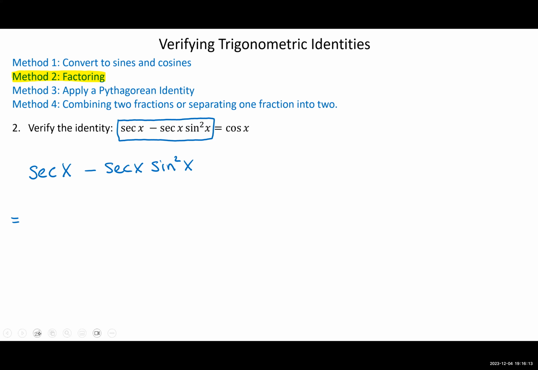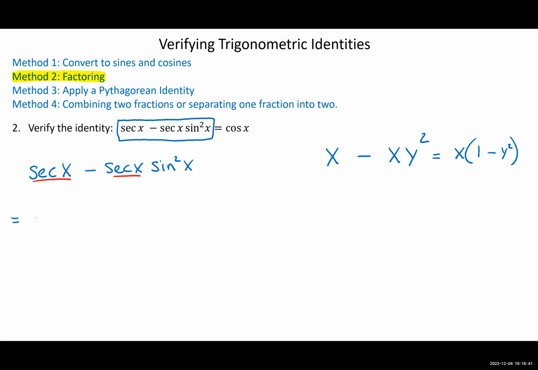So I see a common factor. There's a secant in the first term. There's a secant in the second term. So I would factor this in the same way I would factor the expression x minus xy squared. You see there's an x in both terms, so I could factor out an x, and I'm left with 1 minus y squared.